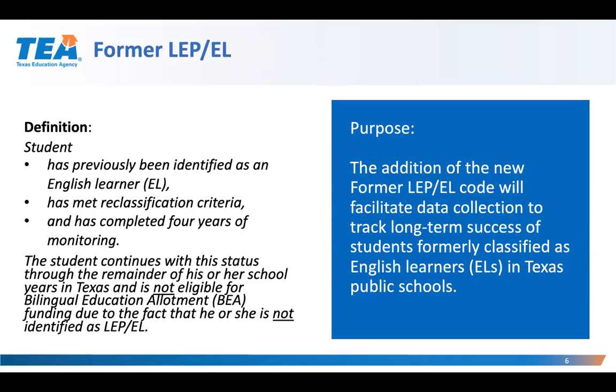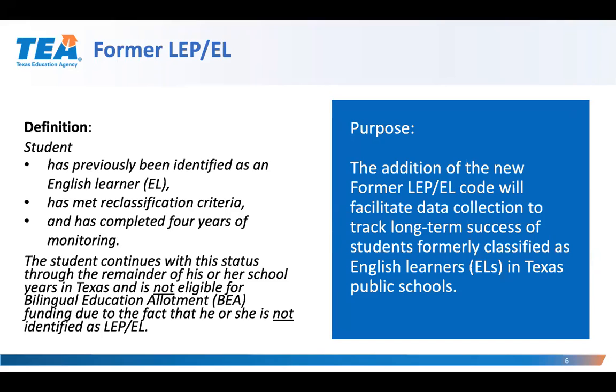So you will notice within the new updated LEP indicator code, the addition of former LEP/EL comes after the 4 years of monitoring. We'll take a look at this a little bit more closely as we look at some resources that have been developed to show this process as we finish the 4 years of monitoring and then go into the former LEP/EL status, which again will remain with the student through the remainder of his or her schooling in Texas.